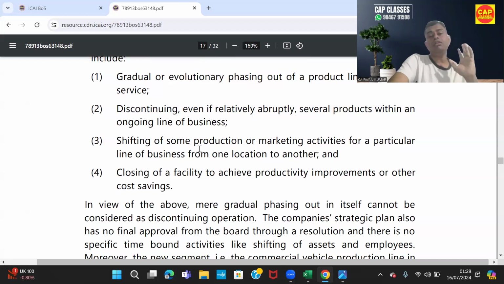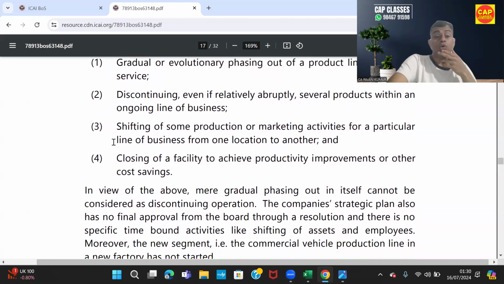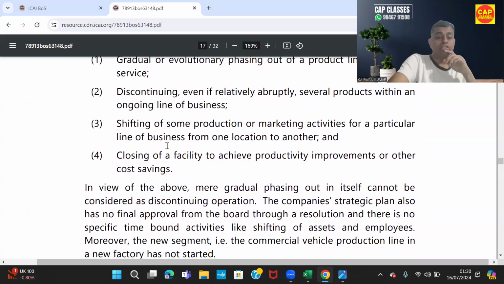There will be only one vertical, and that is EV. We'll sell only electric vehicles. That's okay. There are no discontinuing operations there. So shifting of production or marketing activities from a particular line of business, from one location to another location, is not a discontinuing operation.